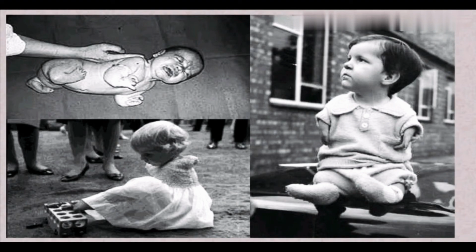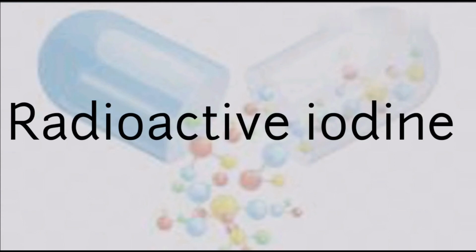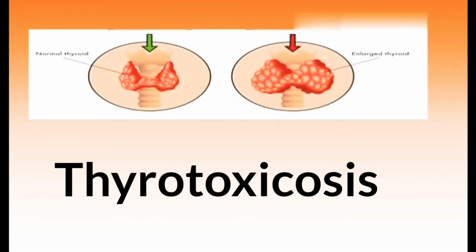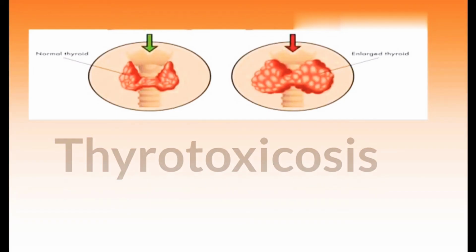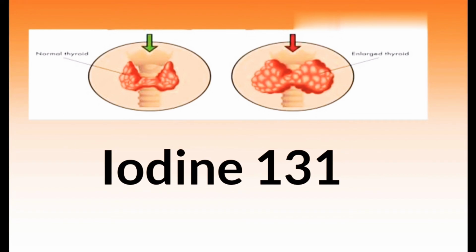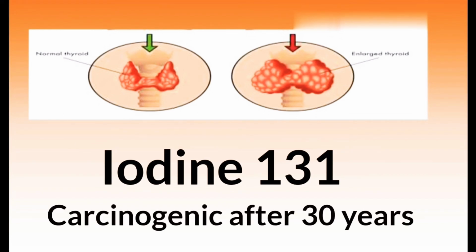Also, an example for D-type adverse effects is radioactive iodine. Radioactive iodine is a therapy for thyrotoxicosis, but research found that radioactive iodine induces cancer after 30 years from therapy start.